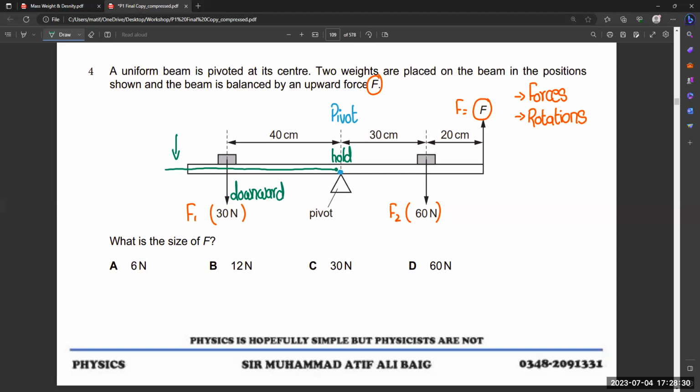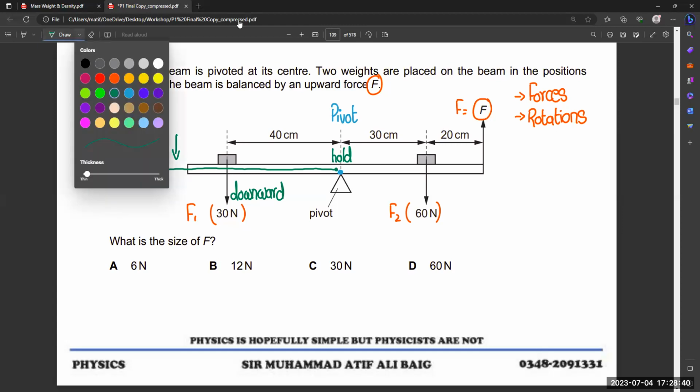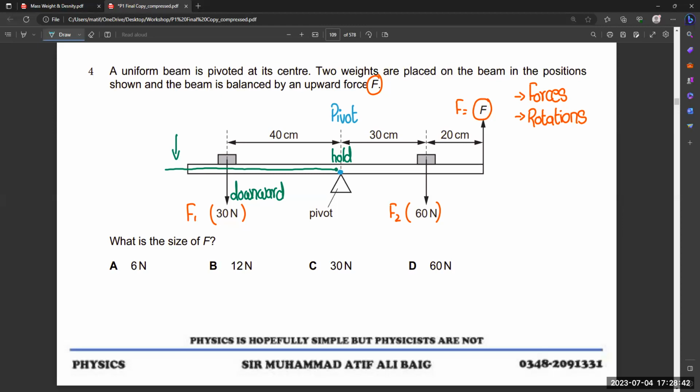So what will be the rotation of the object? Is it clockwise or anti-clockwise? This pencil will rotate in this direction, like this. So is it clockwise or anti-clockwise? It's anti-clockwise.